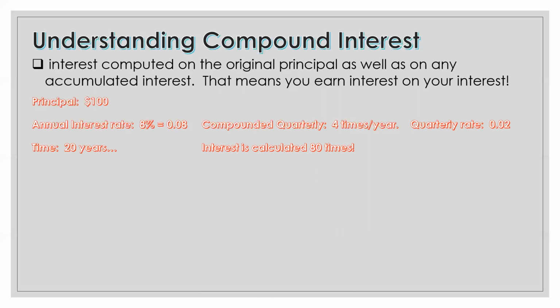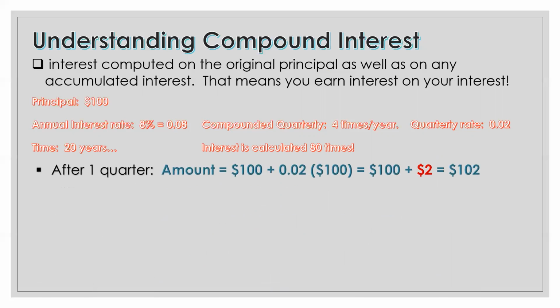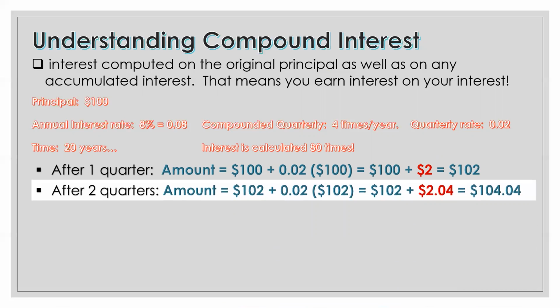So how does that look if we do the calculation? After 1 quarter, you will have $100 plus 2% of 100, which is $2. That's the interest. After quarter 2, you earn interest on the $2 interest you earned before, so the interest now is $2.04, and you have $104.04.